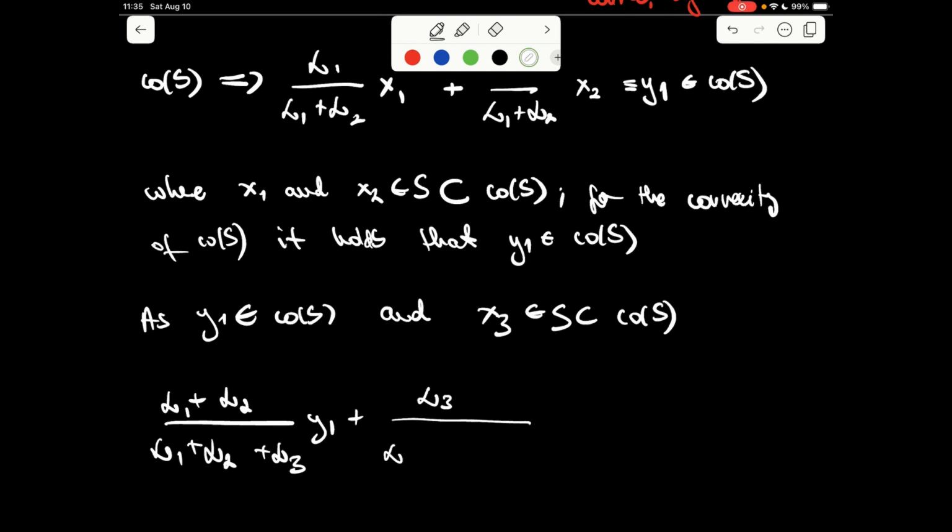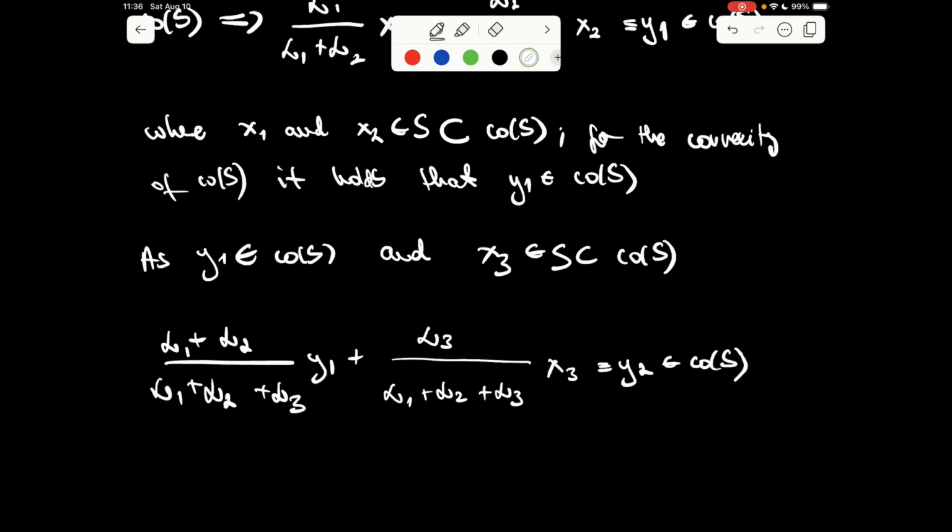This is a convex combination. Please check the sum of the weights. It's straightforward to see. This is y2, and it is, of course, in COS.